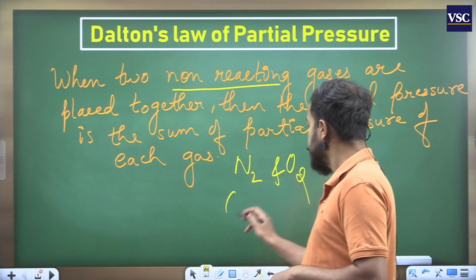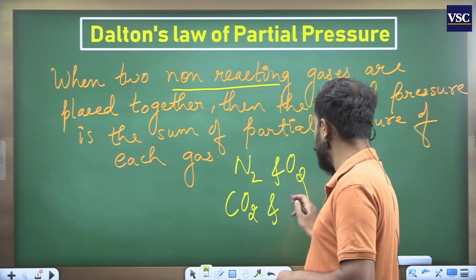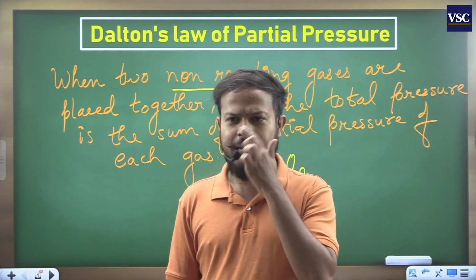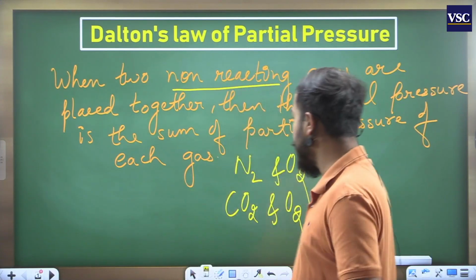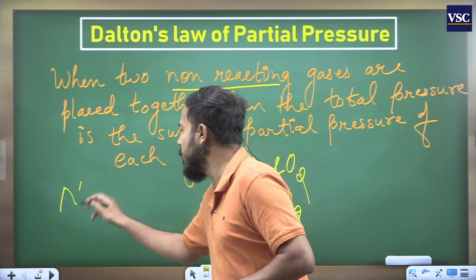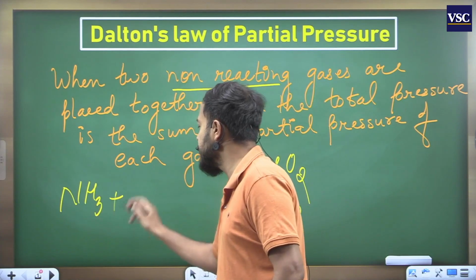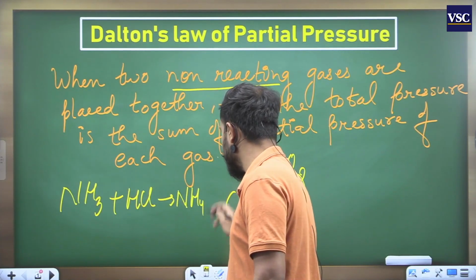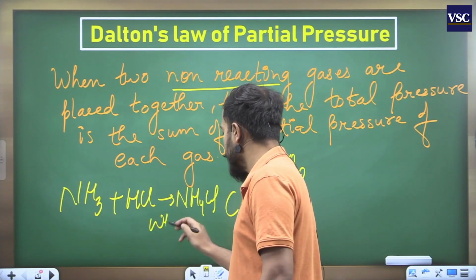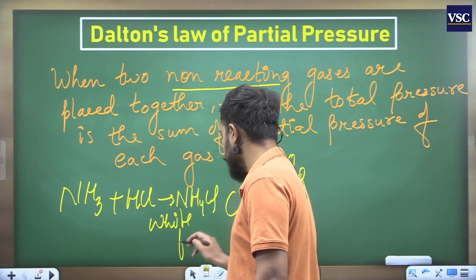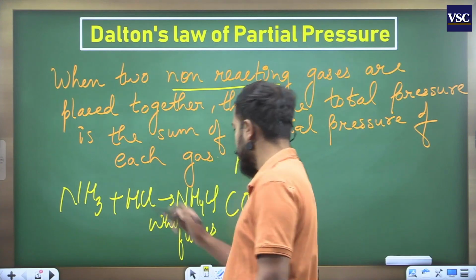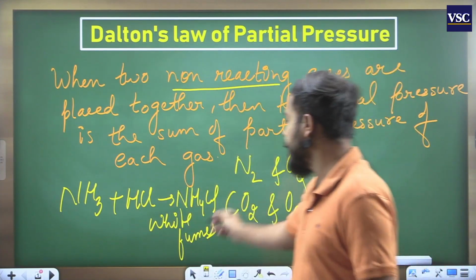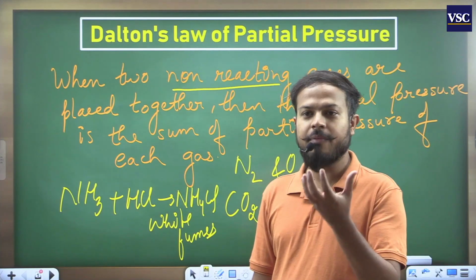So the partial pressure law can be applied on N2 and O2. Other examples are CO2 and O2. These are also non-reacting gases, so Dalton's law can be applied on these gases. And Dalton's law cannot be applied on NH3 plus HCl. Why so? Because NH3 plus HCl combine together to form NH4Cl, which has white fumes.